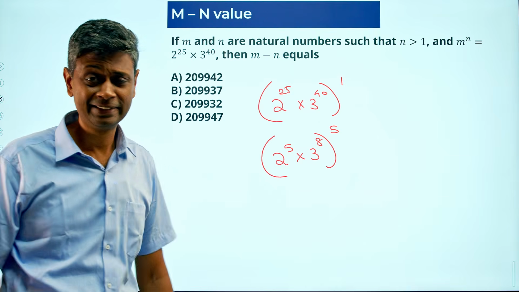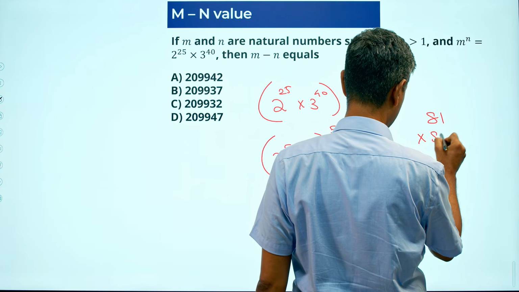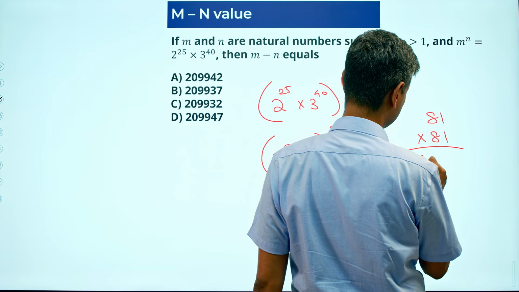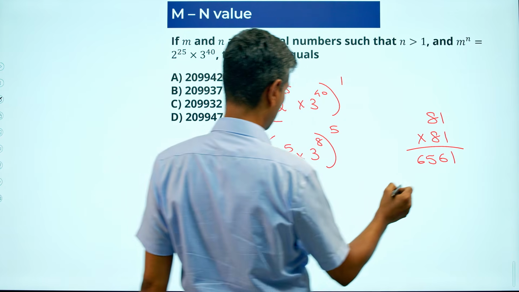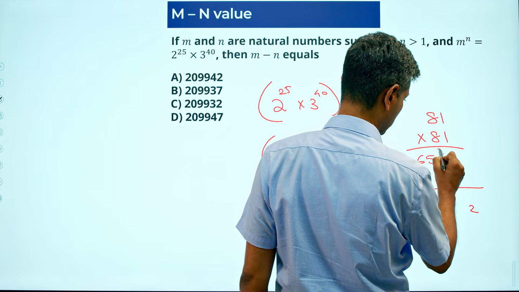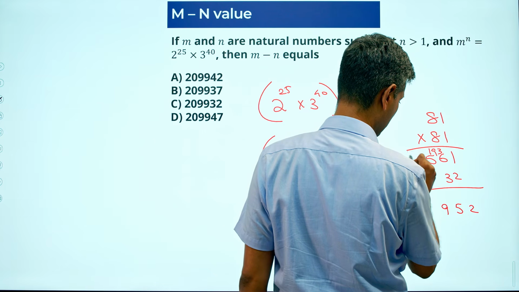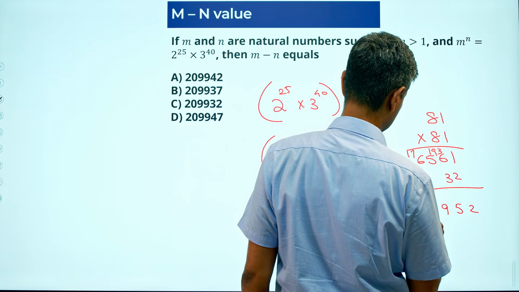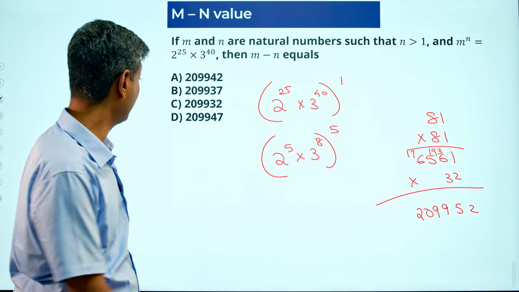And 3 power 8, I don't know why they make us do this. 3 power 4 is 81. 81 into 81, I think it is 6561. 6561 into 32 is 209952. Minus 5, 209947.